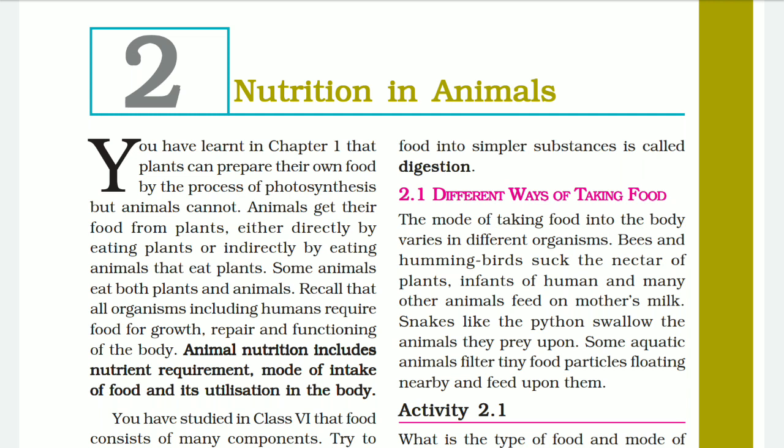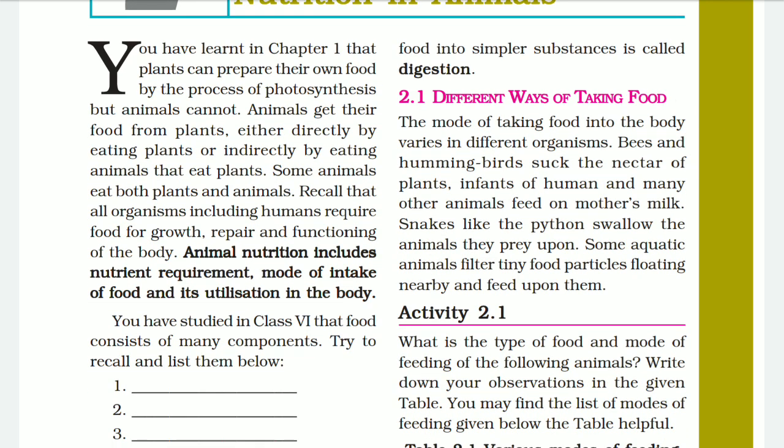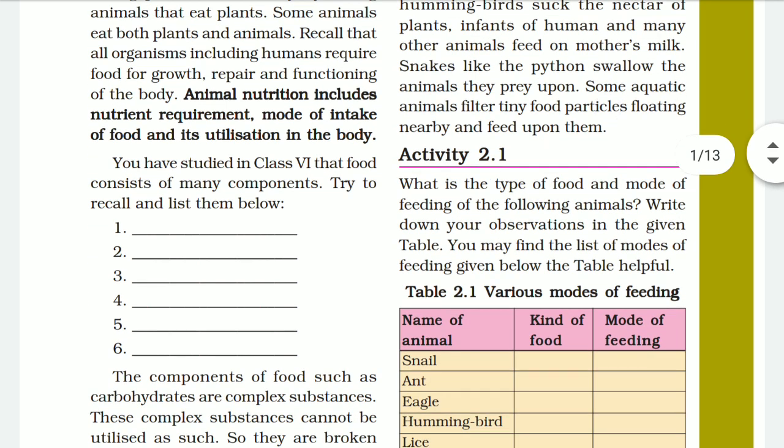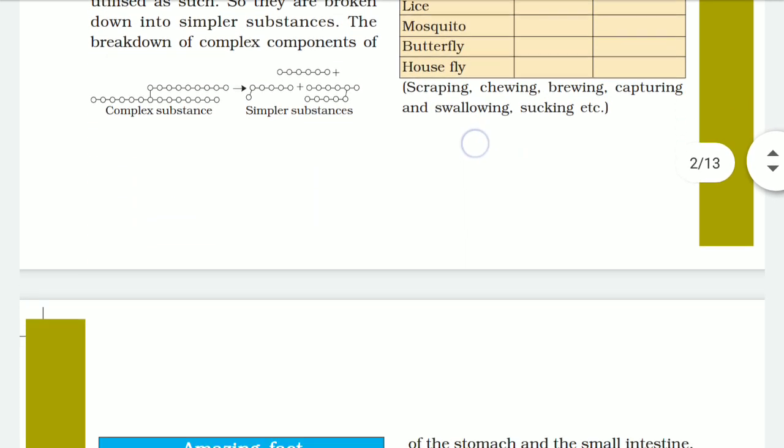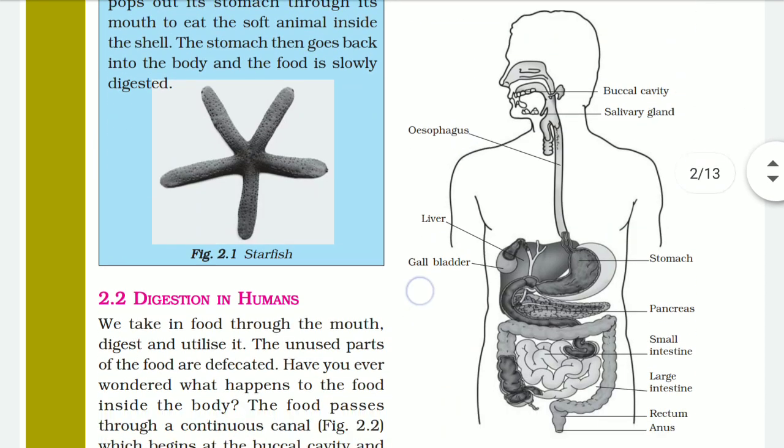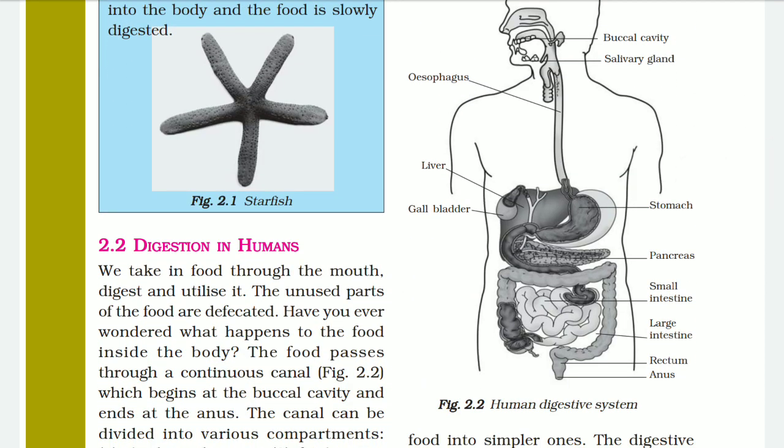Some aquatic animals filter tiny food particles floating nearby and feed upon them. Right, so different animals take their food in different ways. Activity 2.1 suggests how the various animals, what kind of food, and what mode they are feeding on. Now in this chapter we are going to study digestion in human beings, right?